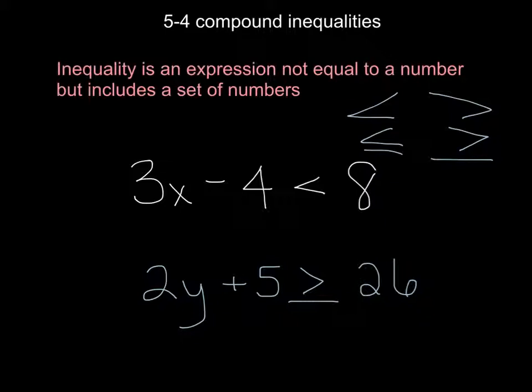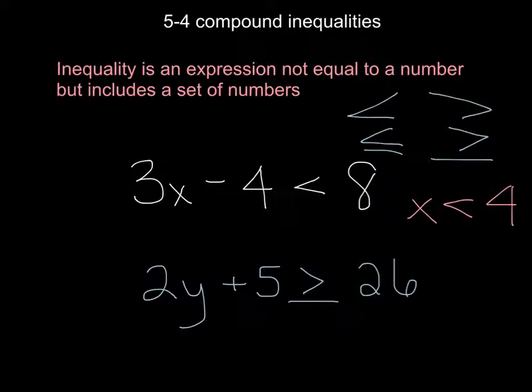So both of the examples you see here are examples of inequalities. This says 3x minus 4 is less than 8. So if you solve it just like you would a two-step equation and you solve for the variable, then your answer for the first one would be x is less than 4. So that means that if you put 4 in for x, then that would make this statement true.